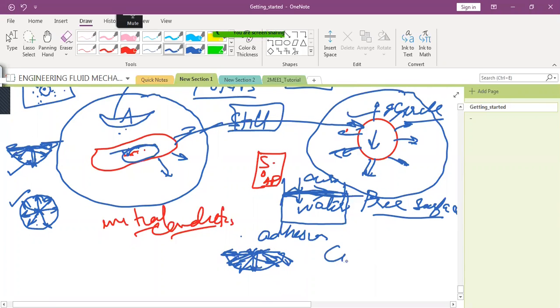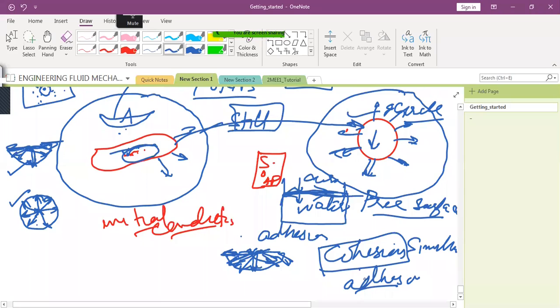So please remember, cohesion is the intermolecular force of attraction between similar molecules, and adhesion is between dissimilar molecules. Yes.